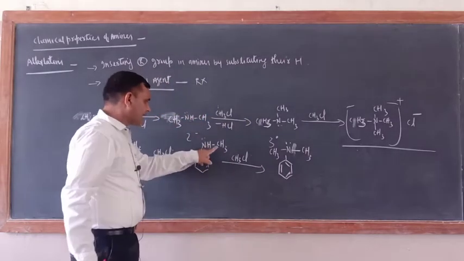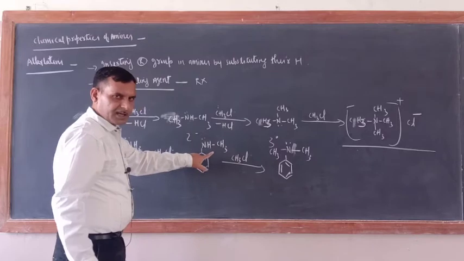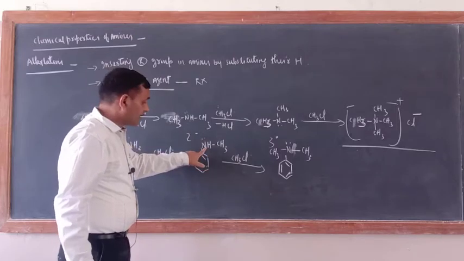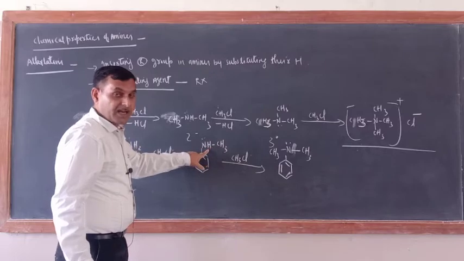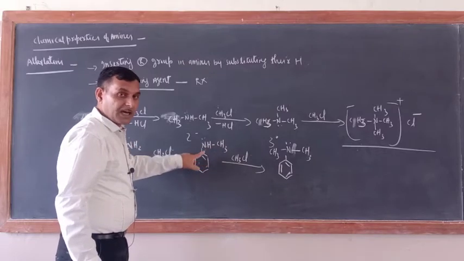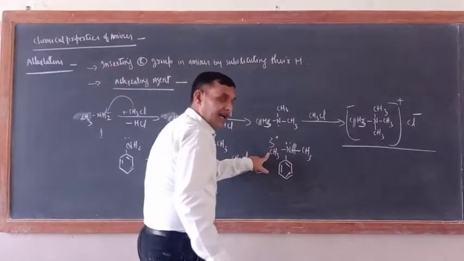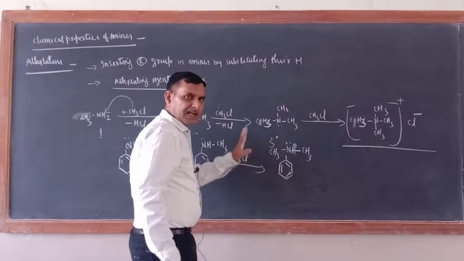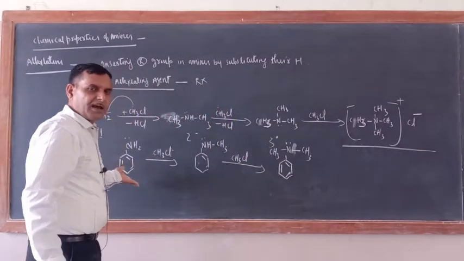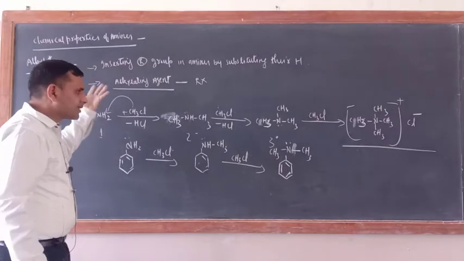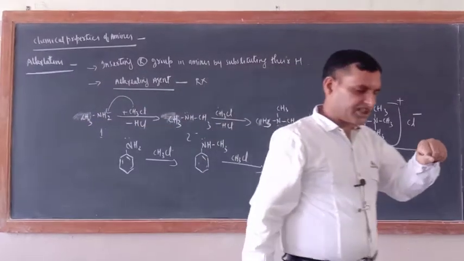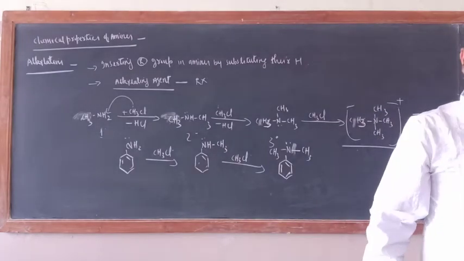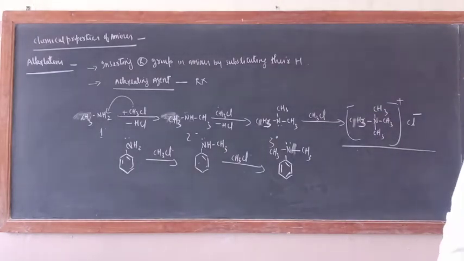So this is N-methyl, because it has been added with replacement of H of N. So N-methyl aniline, and this is N,N-dimethyl aniline. This is also an example of alkylation. So this is all about alkylation. Next one is acylation. Just like alkylation, acylation is also there.